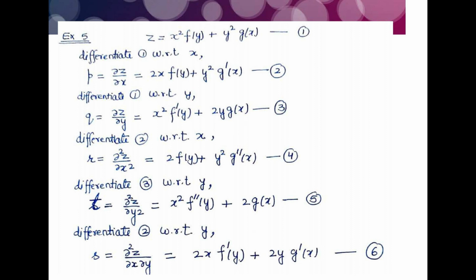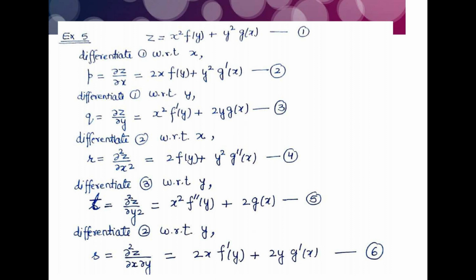Now differentiate equation number 2 with respect to x. Now we have the second order partial derivative of z with respect to x, equation number 4. Start with equation number 3. Again differentiate with respect to y.